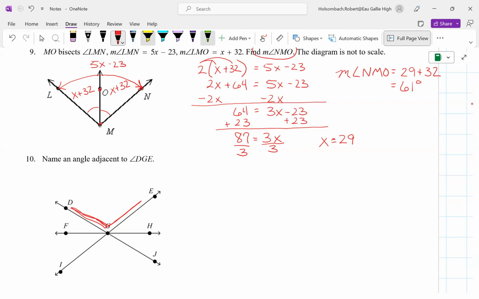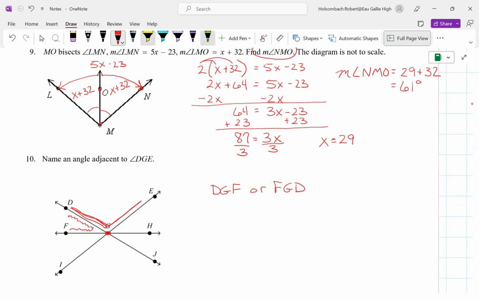So we have to have point G in our description. Adjacent to DGE, well, DGF is adjacent right here. It's next to it. So we can say DGF or FGD. That's one angle that's adjacent to it.